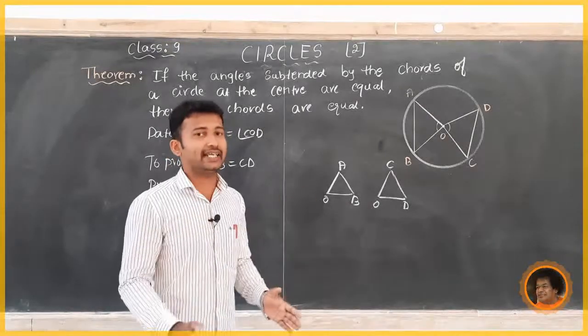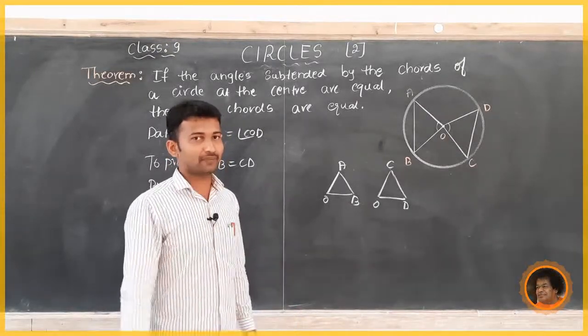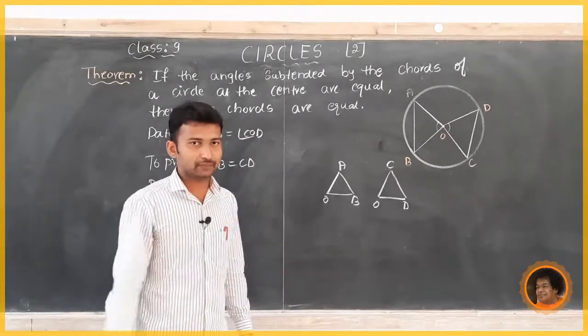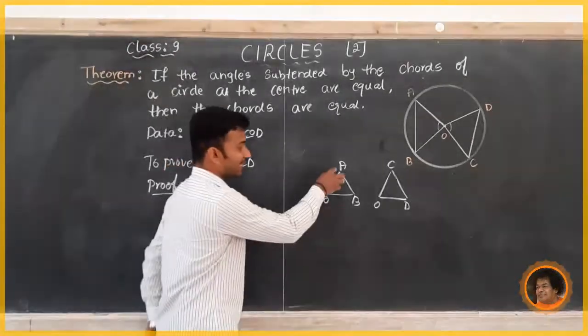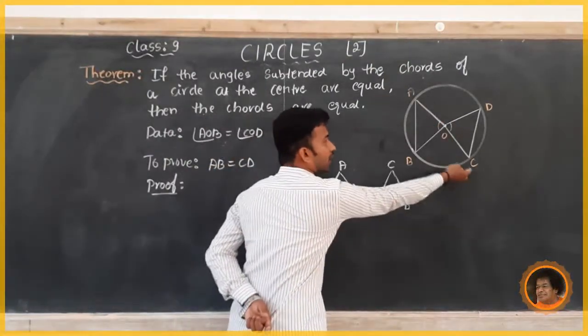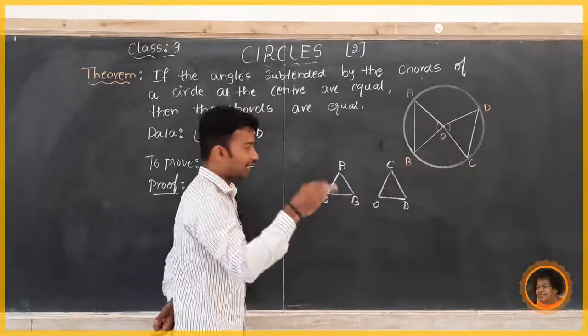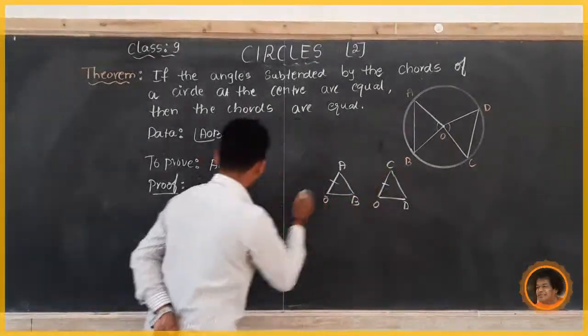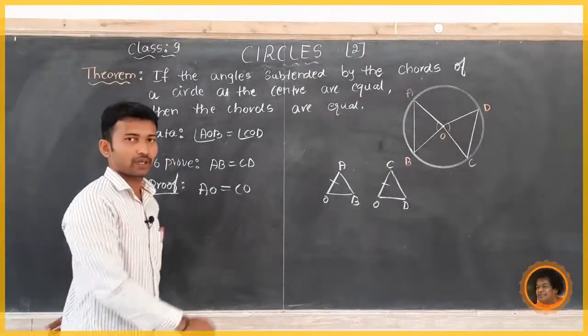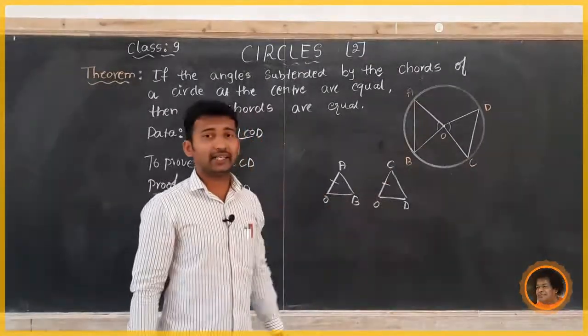What about the radii of a circle? All the radii are equal to each other. We can write AO equals CO, because they are the radii. What about the angle?